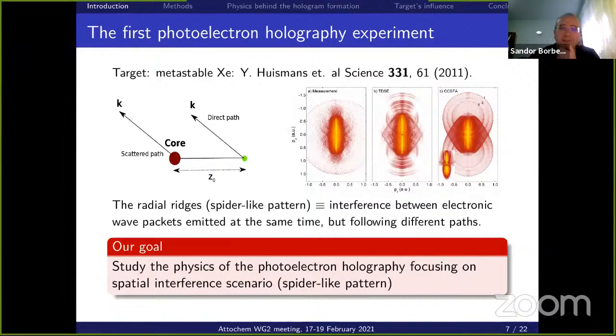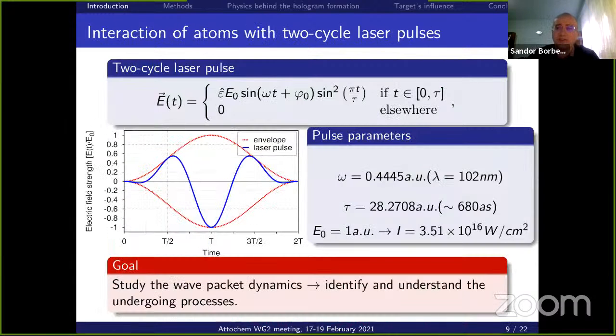The experiment was done using IR pulses, but as you know, to do numerical calculations in the IR photon energy region is very time-consuming and resource-consuming because you have a very large wave packet quiver motion, so you need a large simulation box. In order to study the physics behind this interference pattern, we choose a very short laser pulse.